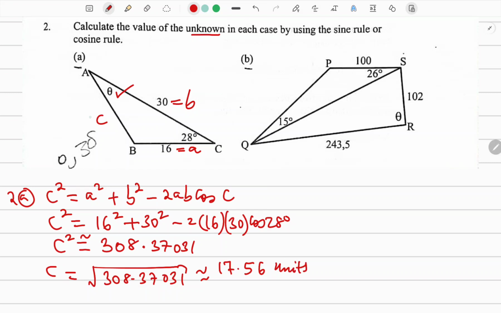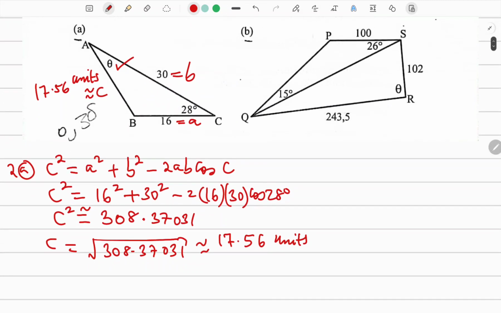So the length of C is approximately 17.56 units. With that being said, we proceed to find the value of the unknown theta.